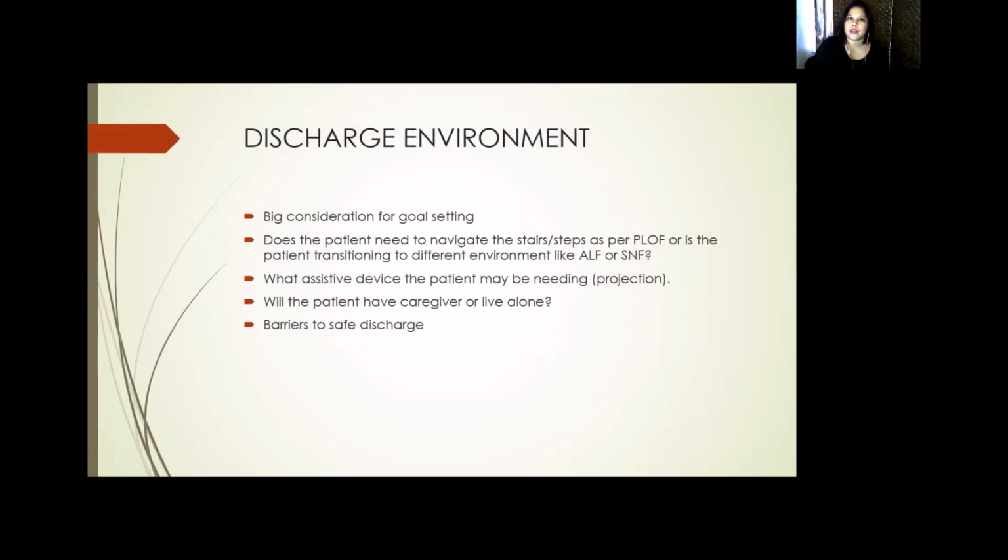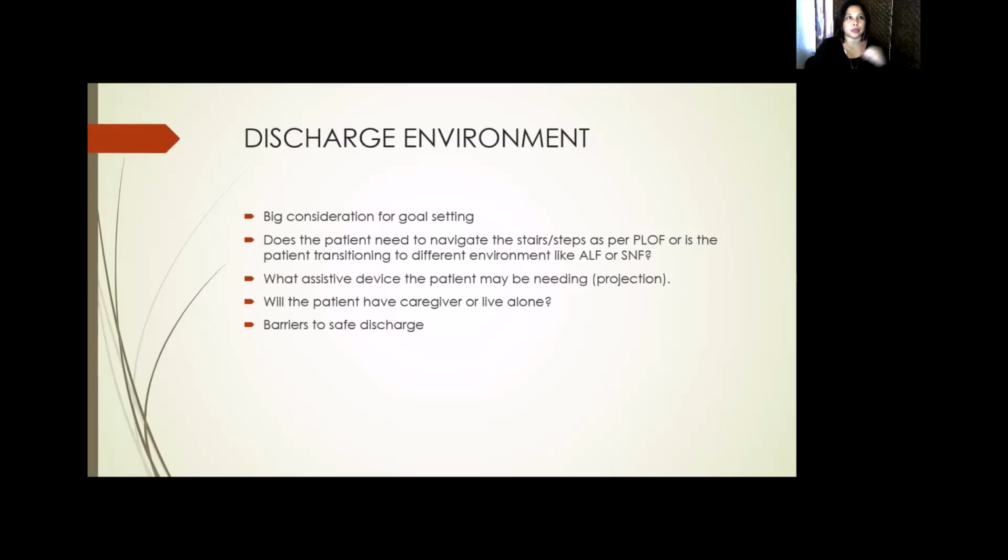The discharge environment is a big consideration for goal setting. So does the patient need to navigate steps or stairs as in the prior level of function? For example, the patient was living in a house and the patient has 4 steps with 1 handrail. So is the patient being discharged to that house, or did the family decide to place the patient in an assisted living facility or a skilled nursing facility?